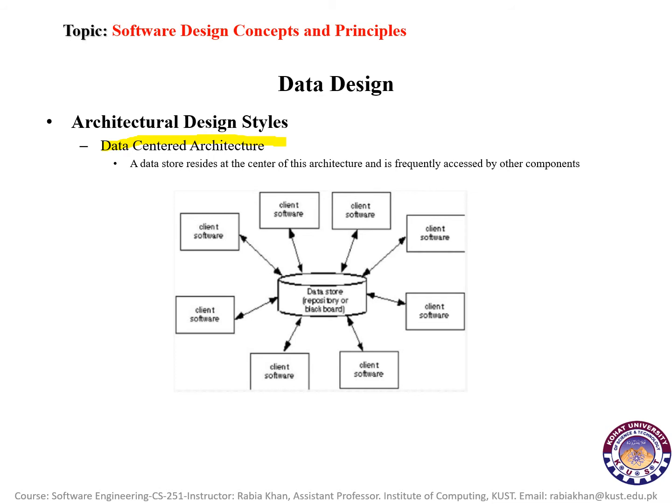The client software accesses the central repository. Here you can see a central database, and all these are the client systems, the client software, the client applications. These are all client software that are accessing this central repository or central database. In some cases, the data repository is passive.